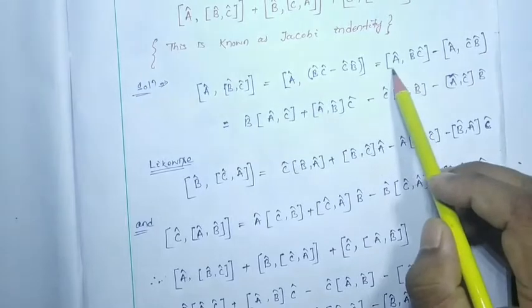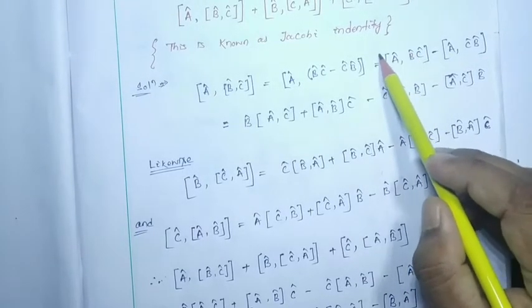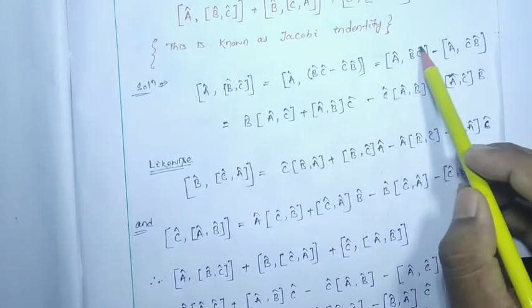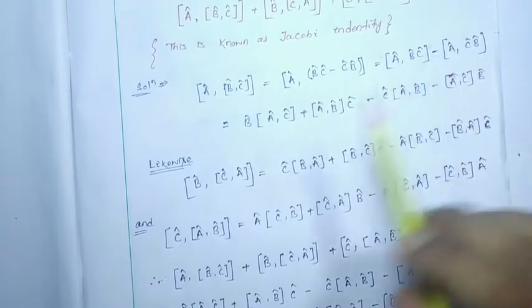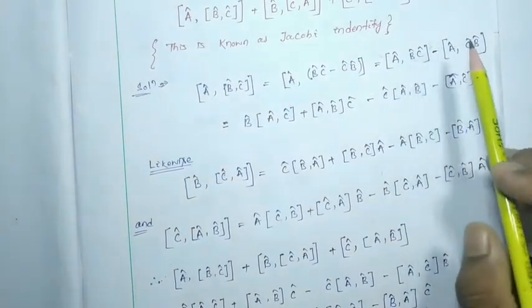This term can be written by moving b cap to this side and c cap to this side, as we discussed in our last video questions. Several questions of this type we have discussed.